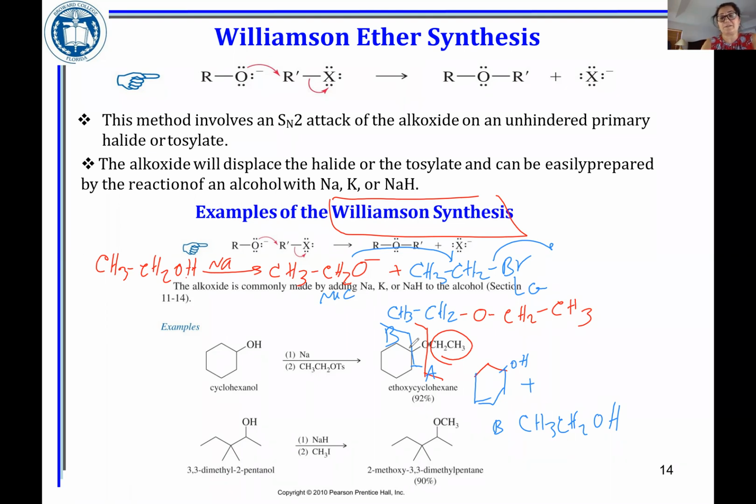Basically, you have two choices: to use A, cyclohexanol, as the alcohol, and then you would use CH3CH2Br as the alkyl halide, or you would use ethanol plus, let's say, cyclohexyl bromide.